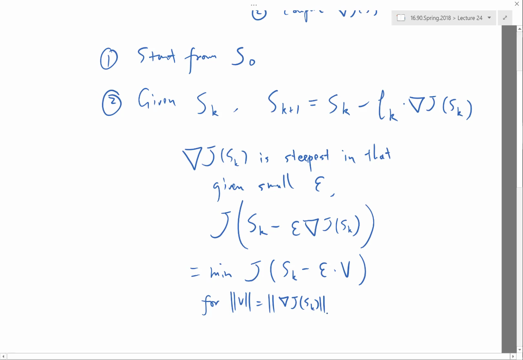If I follow the gradient direction, I'm really getting the most immediate benefit if I step a small step. Can somebody tell me why that is the case? Why do I get the most benefit in a small step by taking the gradient direction?